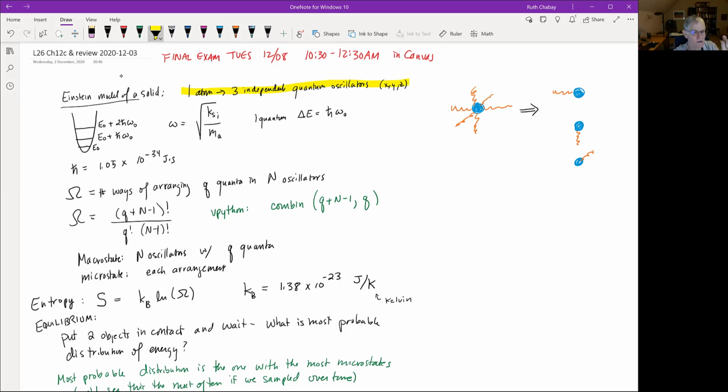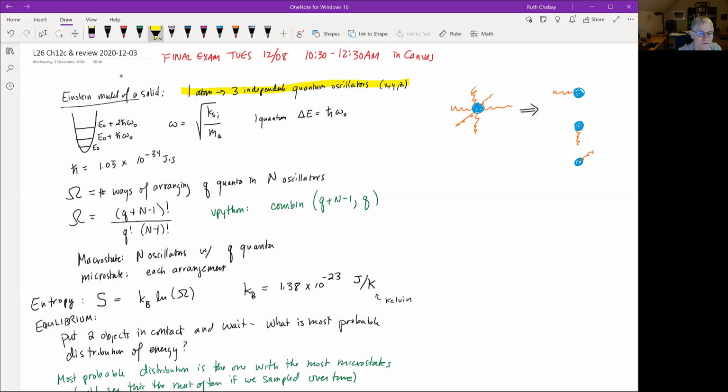Because this is a tiny system, it has the property that the energy of the vibrations is actually quantized. Energy meaning kinetic plus potential energy. So kinetic energy and spring potential energy.